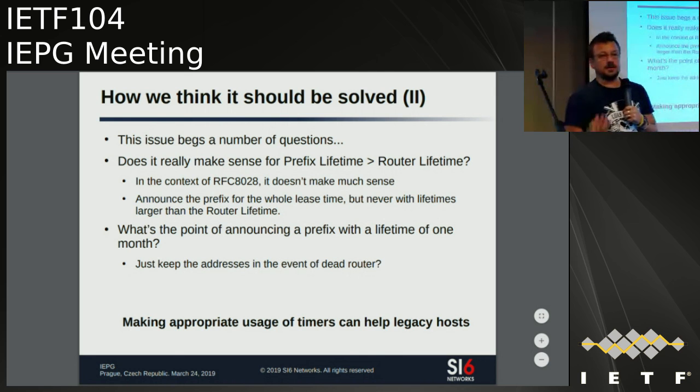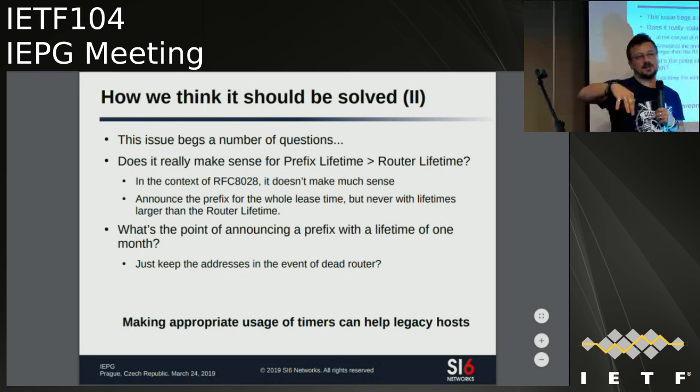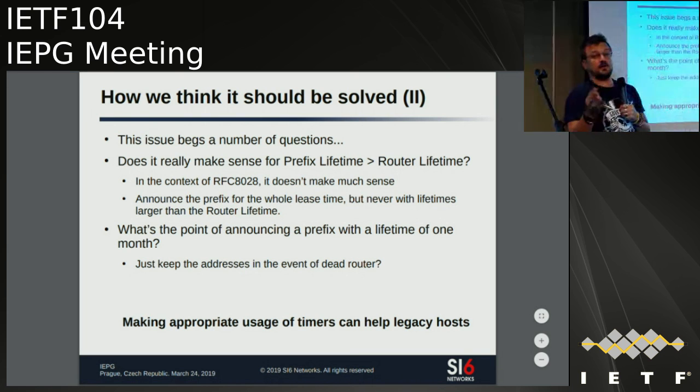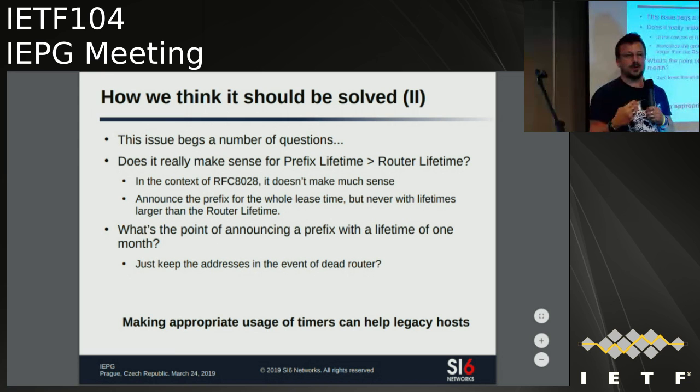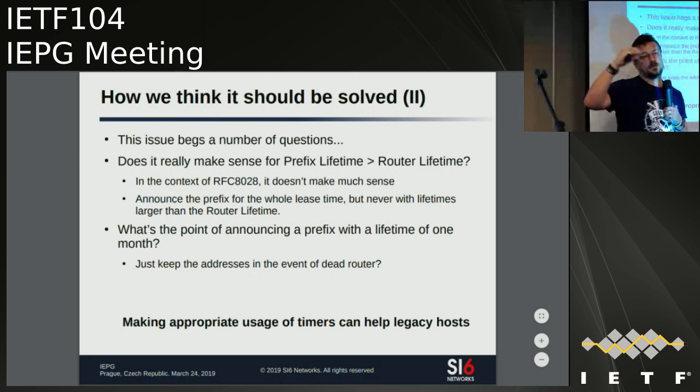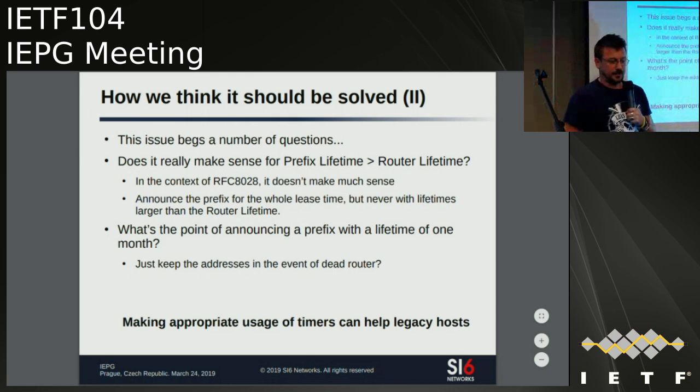Why? Because if you start sourcing packets from one of the prefixes that was advertised on the local network, and you send those packets to the wrong router, it's quite likely that they are going to be egress filtered. So normally, what you want is to source packets from a given prefix only towards the router that actually advertised that prefix.